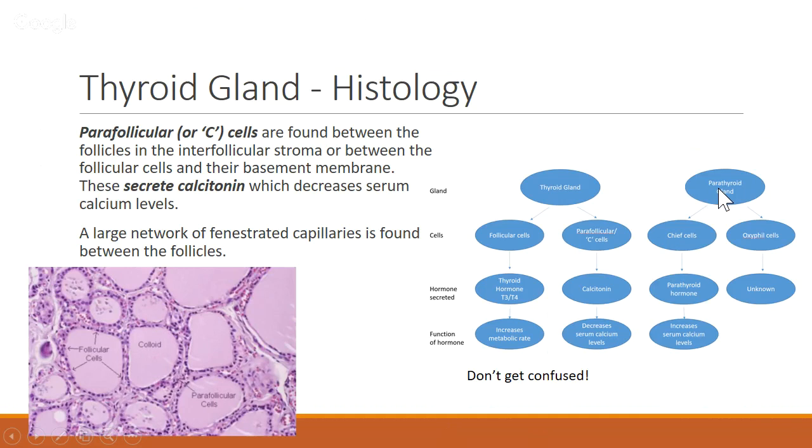The cells of the parathyroid gland: there are chief cells, also known as principal cells, which produce parathyroid hormone, which increases serum calcium levels. And there are also oxyphil cells, which don't do anything. So there are 2 types of cells in both the thyroid and parathyroid glands. The key is just not to get confused.